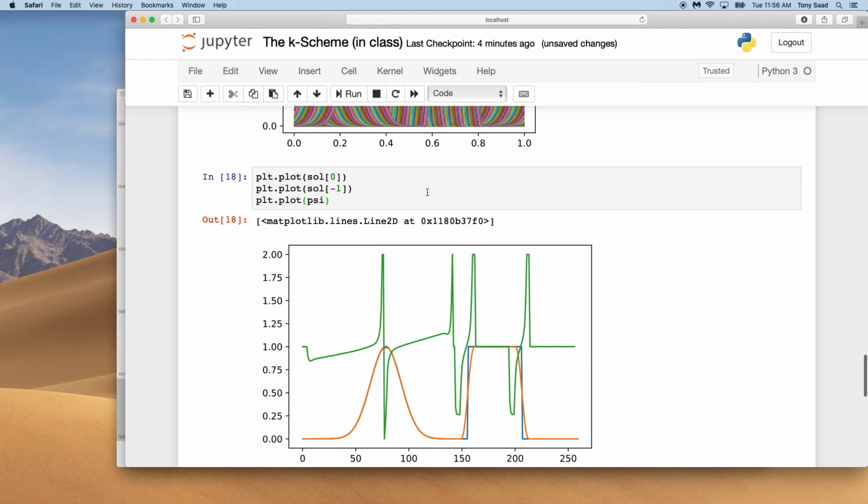Okay. So let's see what this means. We said that if psi is capped at 2, we're switching to downwind, okay? So in this case, this is psi for the last step over here, right?